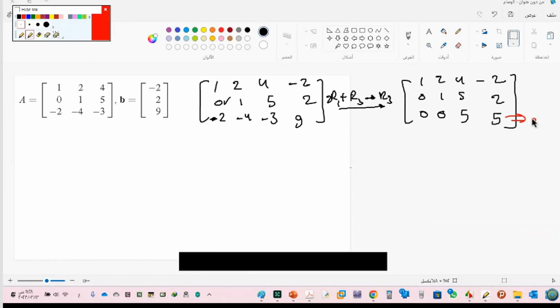From here we can find x3. x3 equals 1. From here you can find x2.